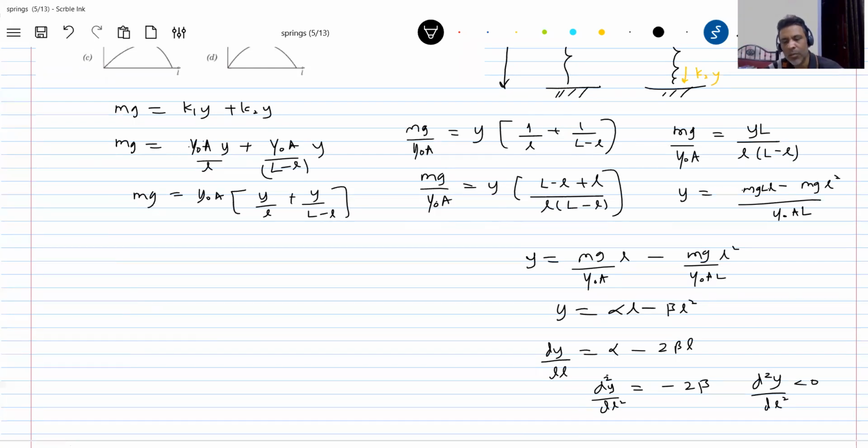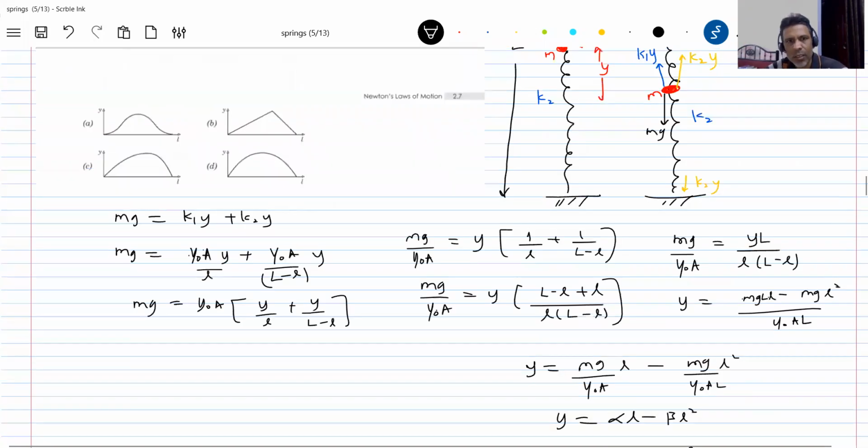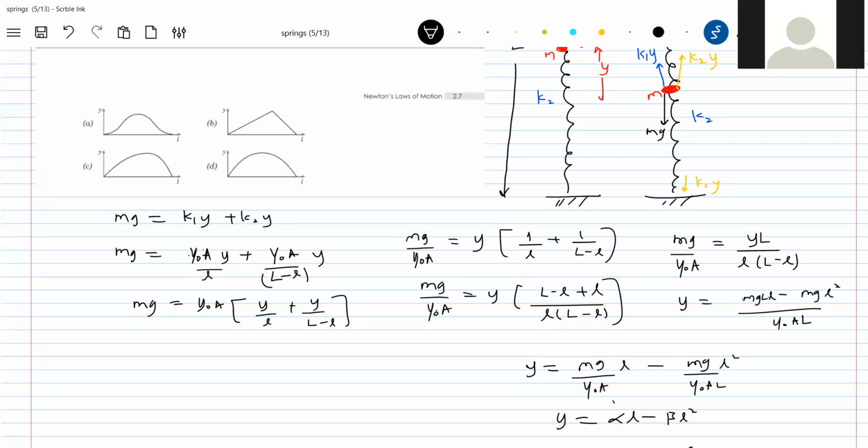So maxima exists or minima exists? Maxima exists. So now which graph should I pick up? Maxima exists in almost all four, no? Well, the graph is parabolic, sir. It's a parabola, no? That's why you must be familiar with the graph here. So option D you can pick up.